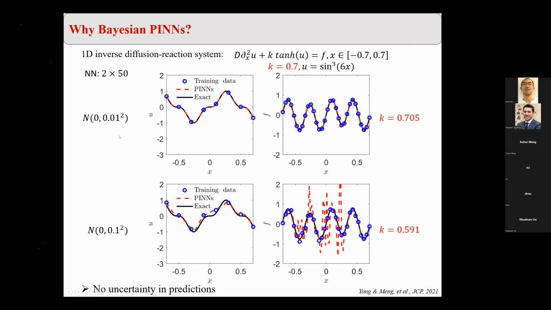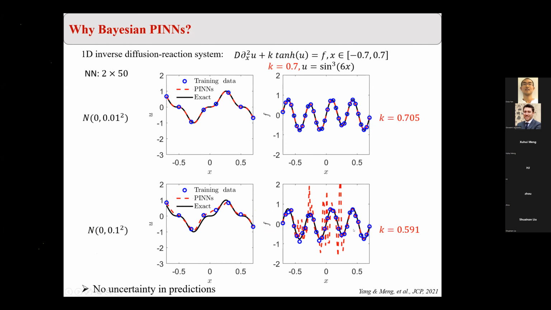In the second case, I increase the noise scale from 1% to 10%. The red dashed line is the prediction from PINN for U and F. As we can see, for the prediction for F, we get very significant overfitting results.